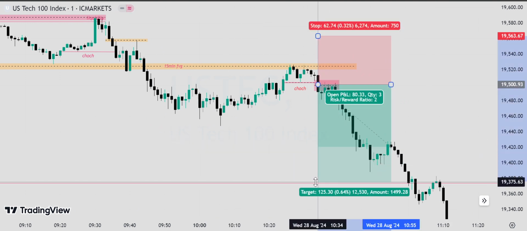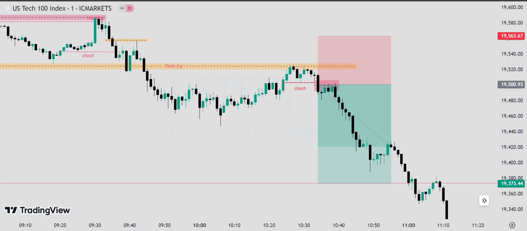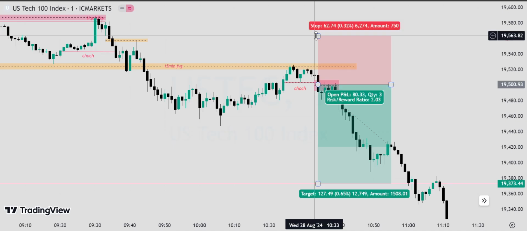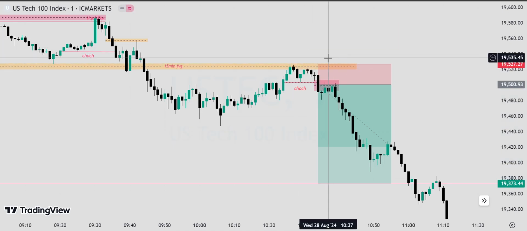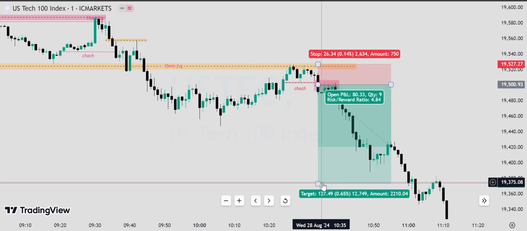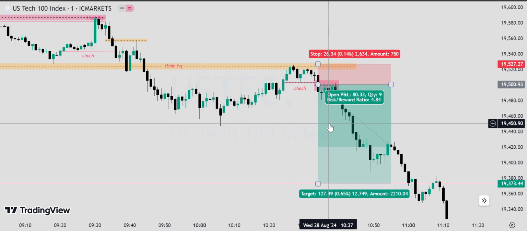It's here. So that will be your take profit, and this will be your stop loss. This is 26 pips stop loss, and this is 127 pips take profit. So that's a ratio of, I think, 5.